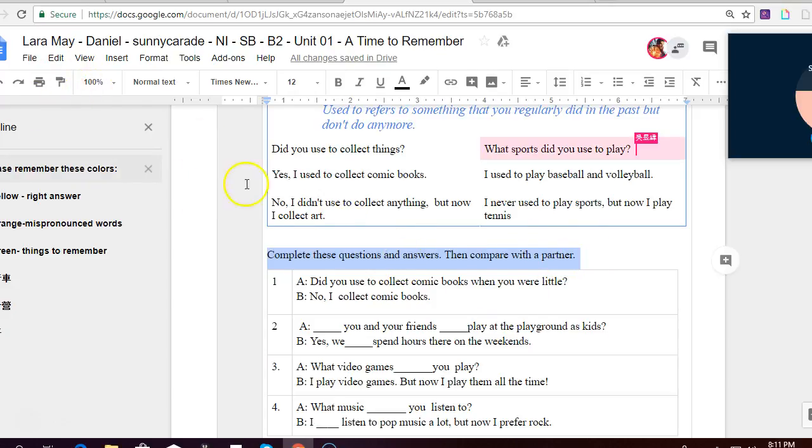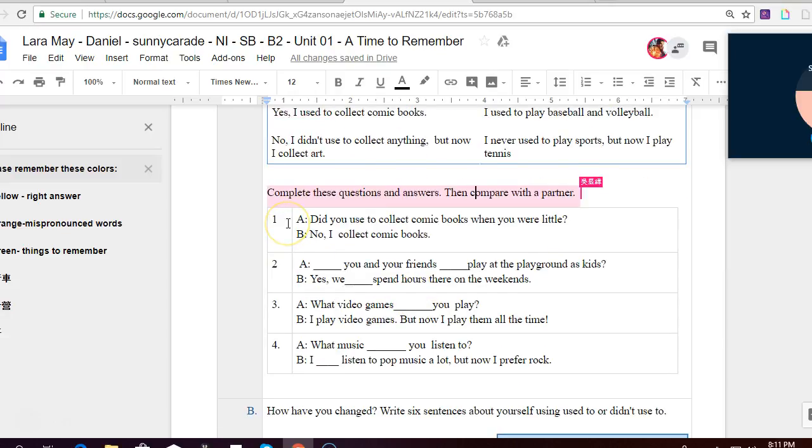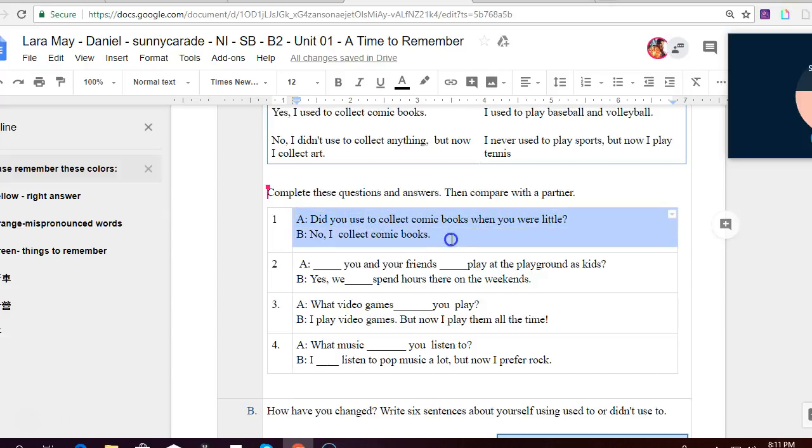So in here, complete these questions and answers. Then compare with your partner. Since you don't have a partner, you don't need to compare it, okay? So as you can see on number 1, there is an A and B. This will be the given example that you are going to use too.